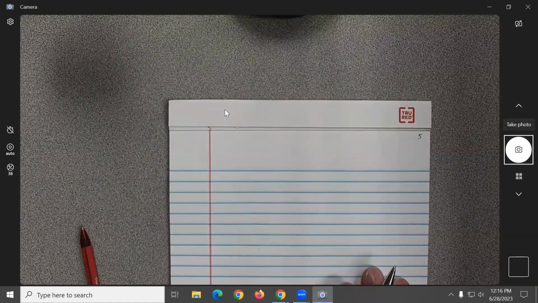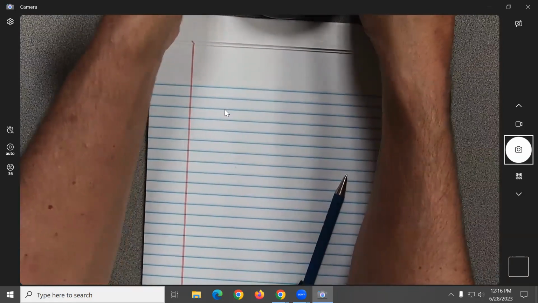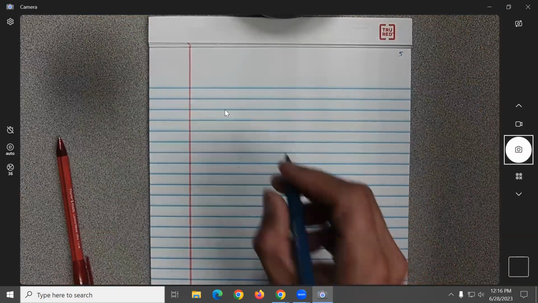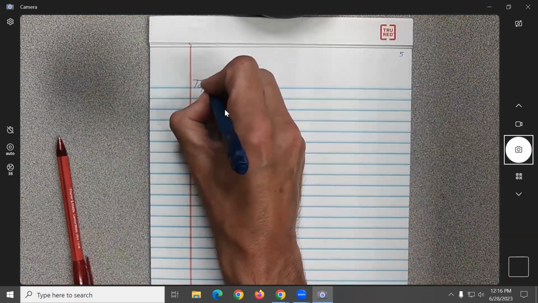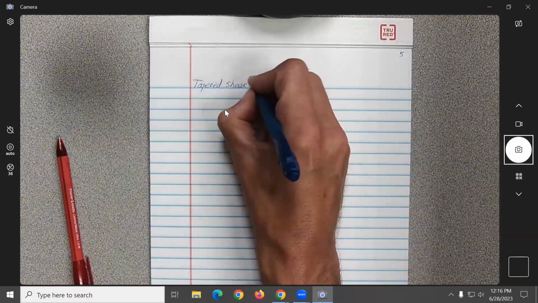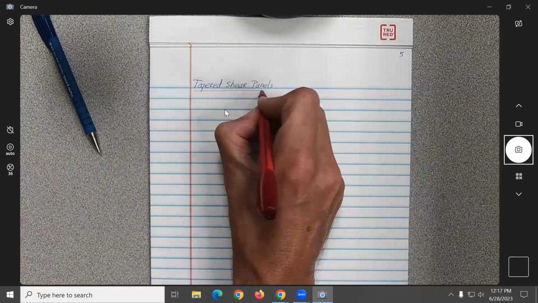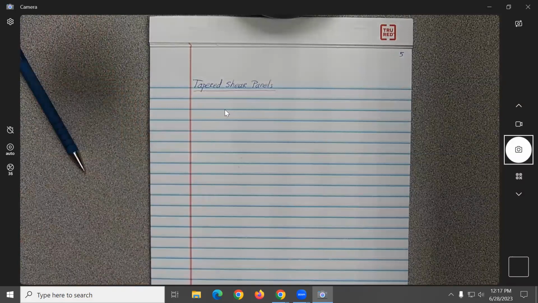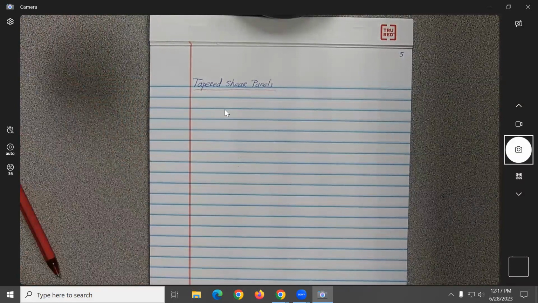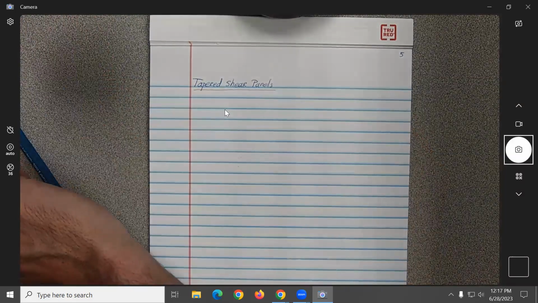So, okay, so taper shear panels. Okay, so let's start by just drawing one that would not be rectangular.